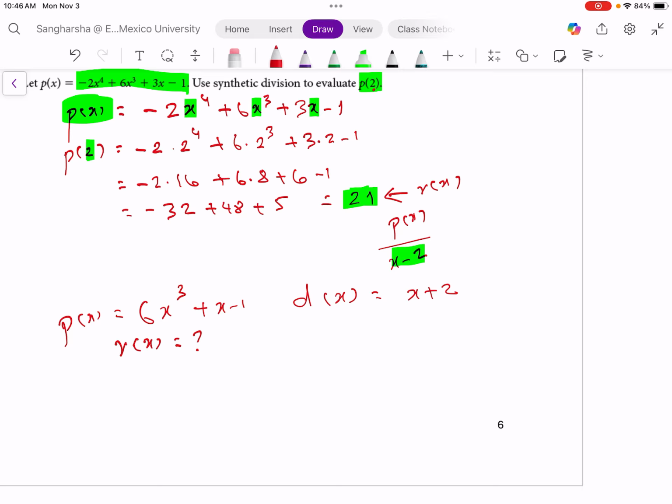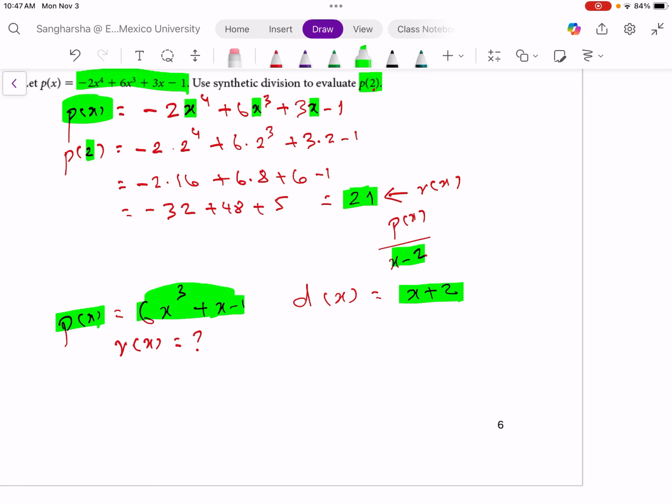Now how would you find r of x? So what option do you have? So we have this 6x cubed plus x minus 1 as a polynomial, and you are dividing this polynomial by x plus 2. Now if you are asked to find the remainder, what method will you use here?